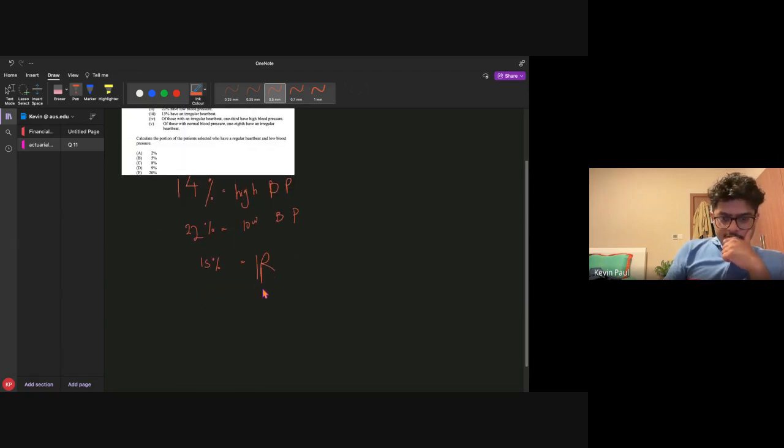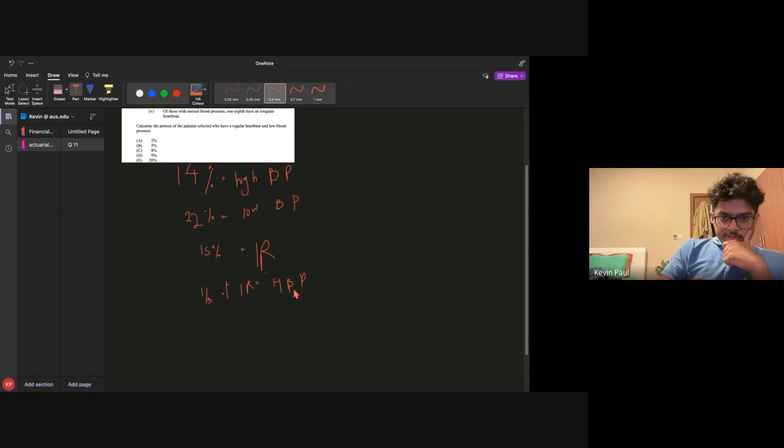And then of those irregular heartbeat, one third of IR is high BP. Of those normal blood pressure, 1/8 of normal BP equals IR.